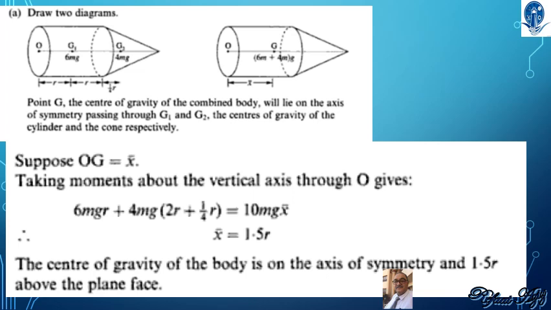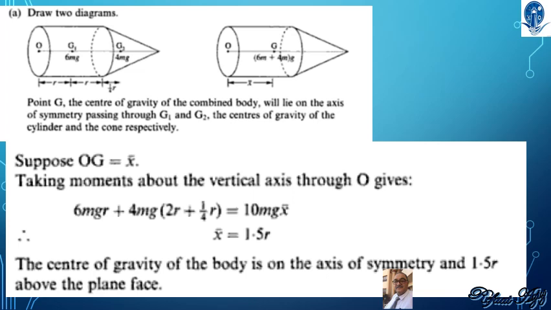I have told you before about the center of gravity of the body: the total mass times g times x equals the sum of the moments, so divided by the total mass, it equals x. We can write it as 6mgr plus 4mg times 2r plus a quarter r.